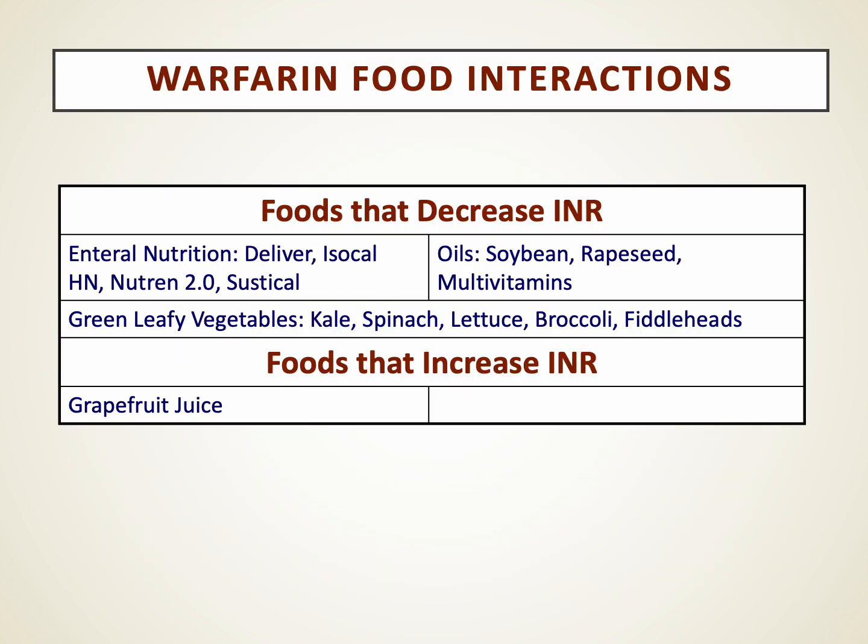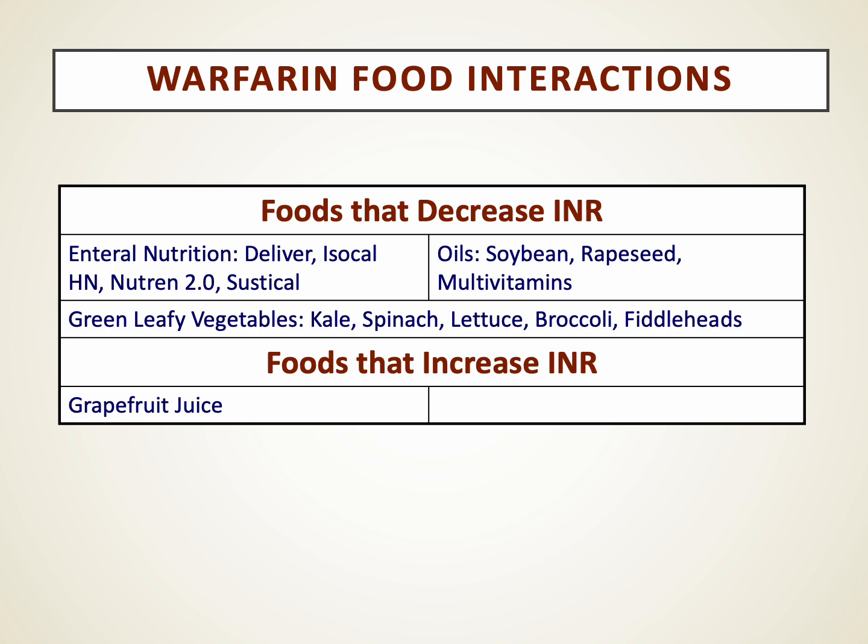There are also food interactions with warfarin, particularly with foods that contain vitamin K. So vitamin K containing supplements or vitamin K containing foods, if they increase or decrease in the diet, that can be problematic. And sometimes we see seasonal variation depending on whether patients have a backyard garden or go to the farmer's market in some seasons of the year and not others.